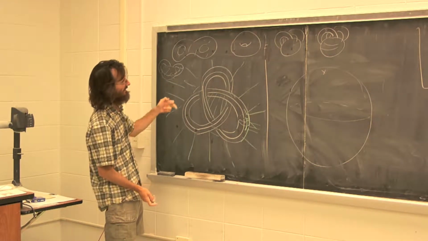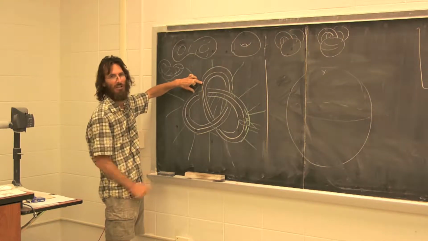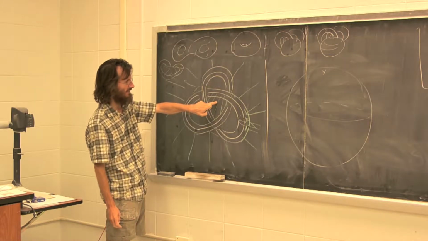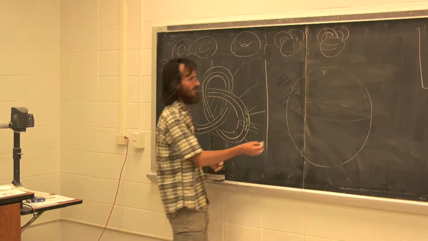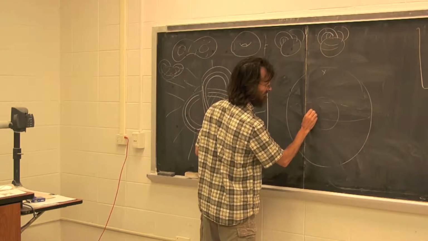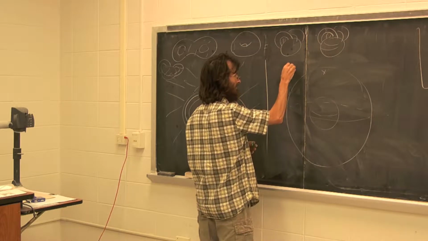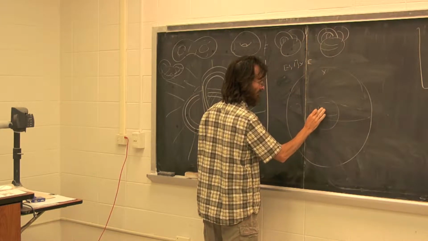Everywhere I've got thickened bits of green, it's like drilling a hole out of this ball. Out here I've got sigma, and here I've got a little bit of -1 cross sigma.